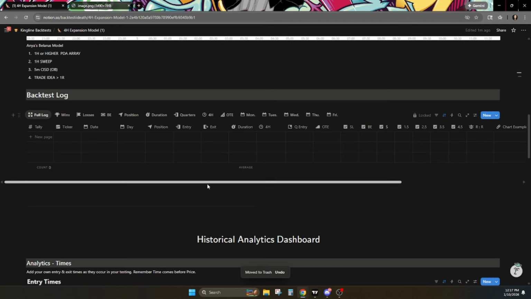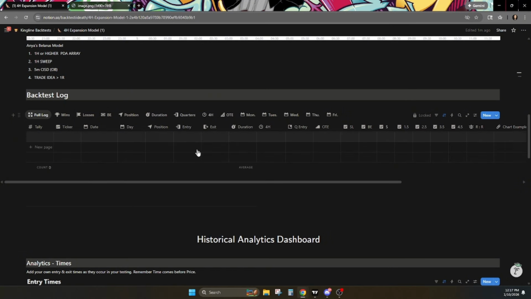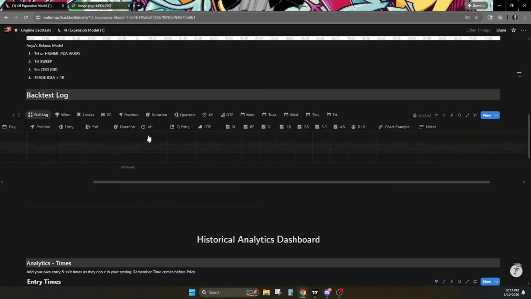So for the testing itself: date, day, position, entry, time of entry, time of exit, duration. Now, this is where we can start to edit things specifically for this model. We were tracking the 4 hour candle for the trade idea for this backtest.